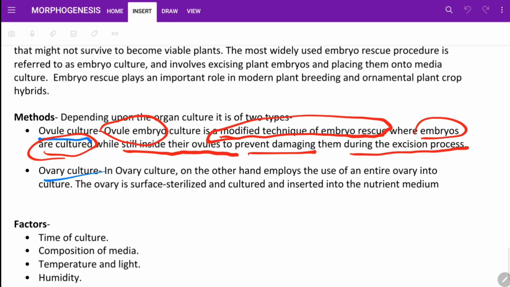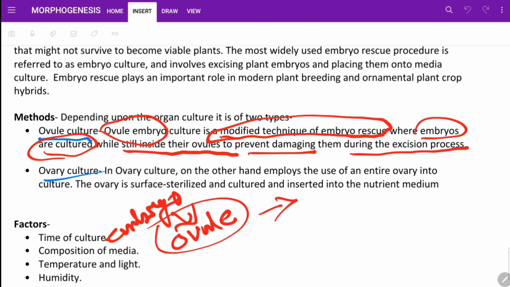So the embryo is still inside the ovule and the total thing is cultured. Why is it cultured like that?